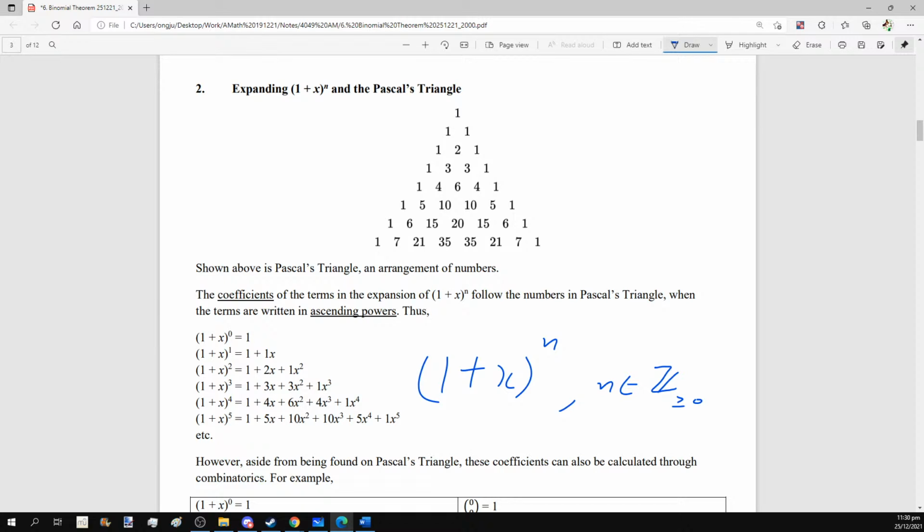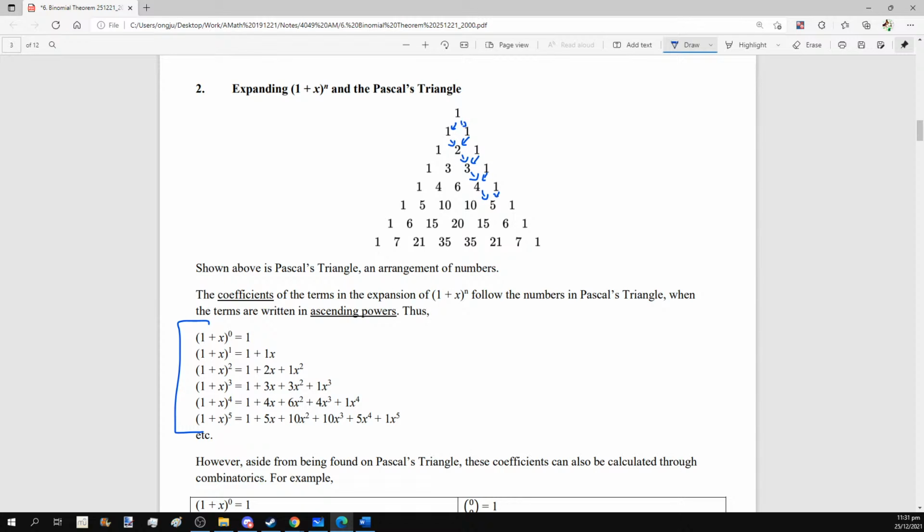If we look at the patterns created by 1 plus x to the power of n, you will notice that the coefficients 1, 1, 1, 1, 2, 1, 1, 3, 3, 1, 1, 4, 6, 4, 1, 1, 5, 10, 10, 5, 1, etc., create this funny little pattern over here, where diagonally the entries add up to each other.